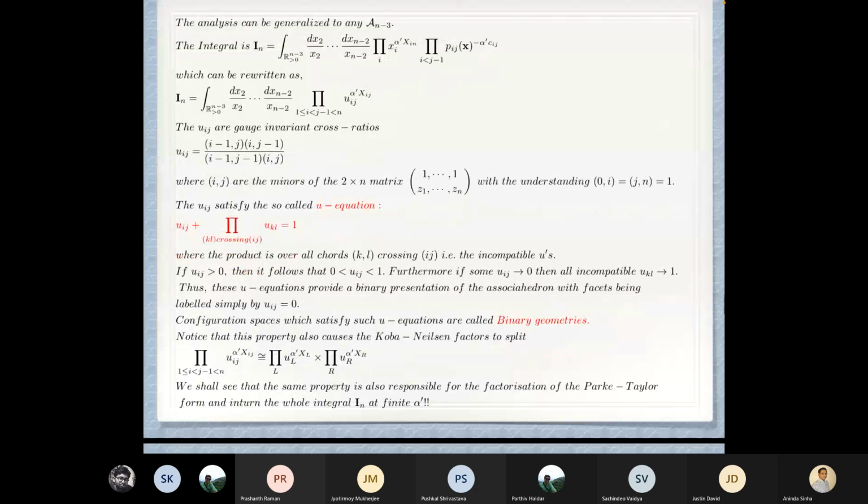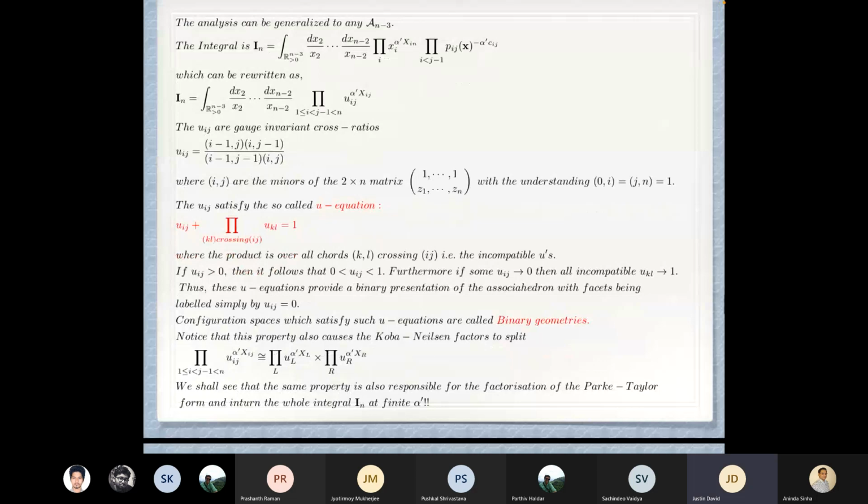What this relation tells you, remarkably, is that if I take some u_ij to 0, u_ij being 0 is some facet, then all the u_kl that are incompatible, that is, facets which don't intersect ij, go to 1. So these equations, in essence, provide a binary, 0-1 presentation of the associahedron. Facets correspond to 0. If you go to that facet, all the incompatible things go to 1 and drop out.